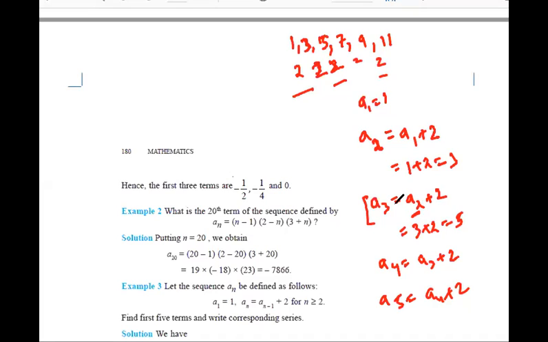A2 is 3, not 2, right? Yes or no? A2 is 3. So it should be 3 plus 2. Clear, Prahlad? There's difference between AN and N.